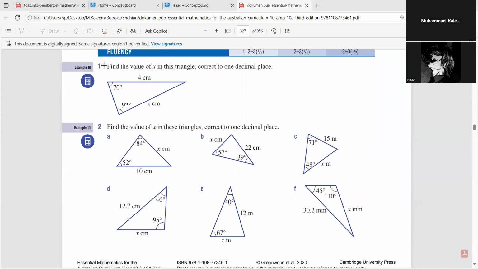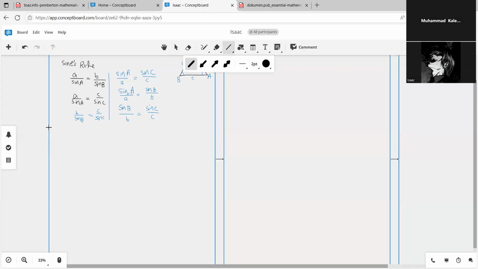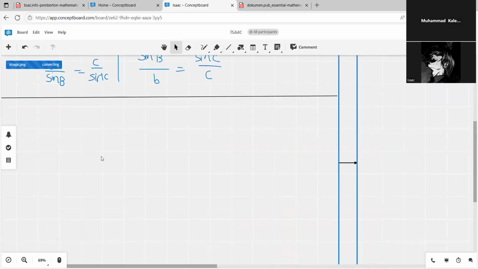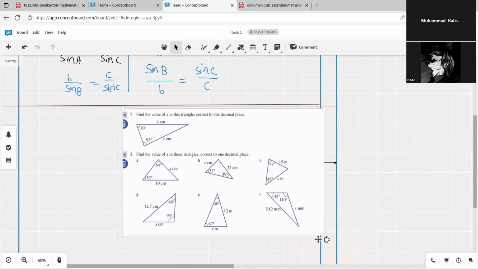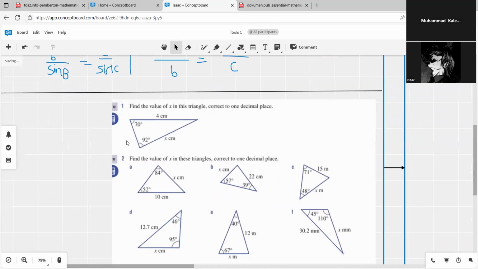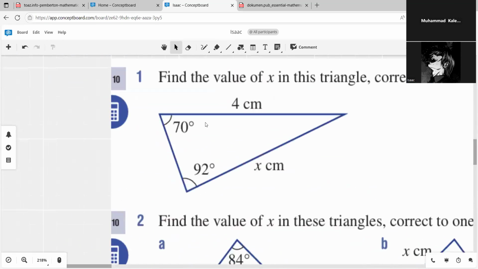And why is there a use of the sine law? Why is there a need for the sine law or cosine law? Basically, when the triangle is not a right angle triangle, we are not able to find the unknown sides, so then there is a use of the sine law. Like this is not a right angle triangle, right? And here they said we need to find this side.